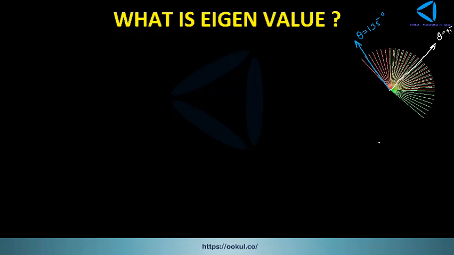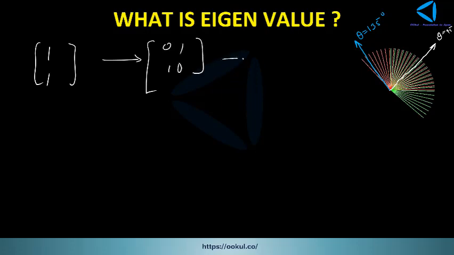Like in the previous example, if I give 1 1 to the matrix 0 1 1 0, it came out 1 1. So it was theta equal to 45 degrees, right?